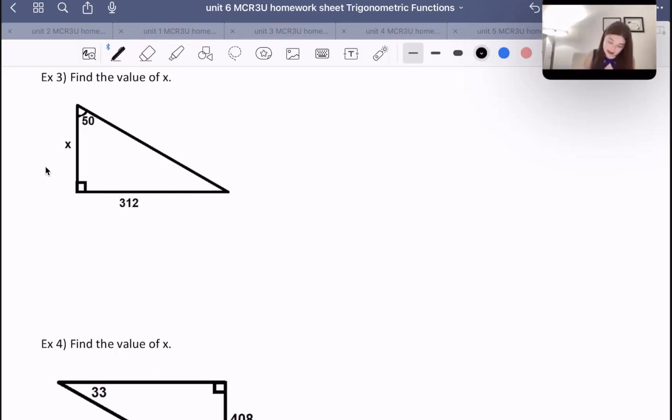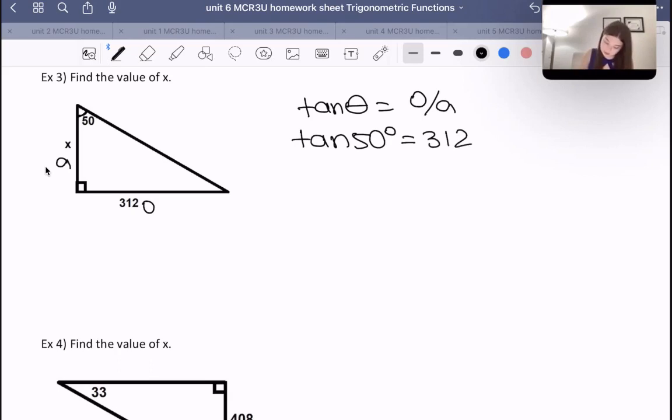So here we have the opposite, and we need to find the adjacent. So tan deals with that, right? Tangent theta is equal to the opposite over the adjacent. So that is perfect for us. So let's plug in: tan 50 degrees is equal to the opposite, which we said was 312, over the adjacent, which is x.